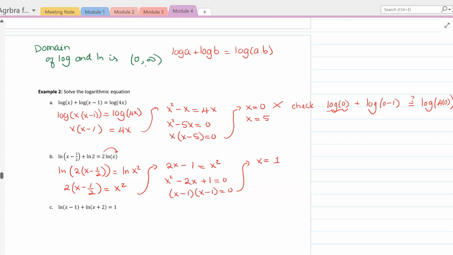Here in this case, x equals 1 is a number in the interval from 0 to infinity. Let's double check: if I plug x equals 1 in, ln of 1 minus a half is ln of a half, so that makes sense. Therefore, x equals 1 is the solution, so I don't have to worry about it.